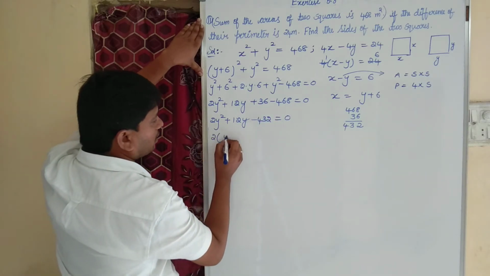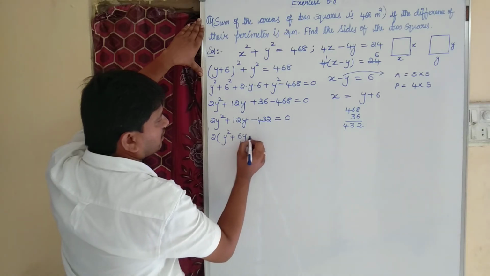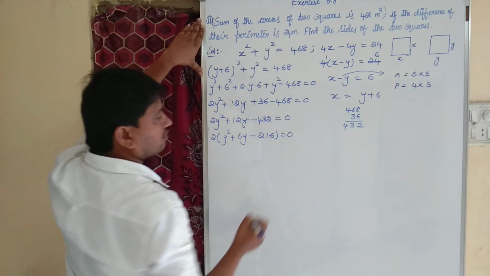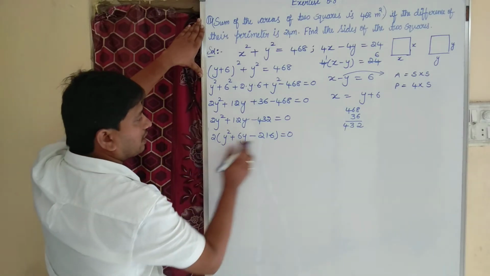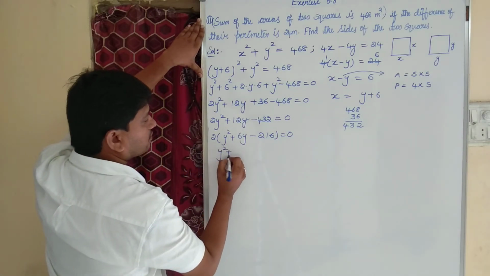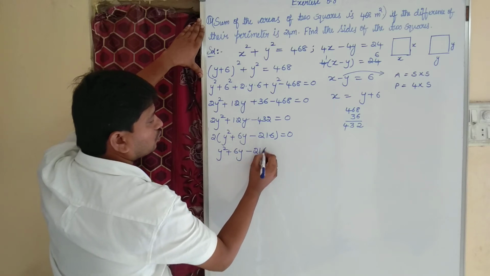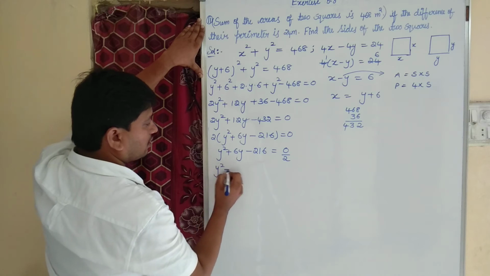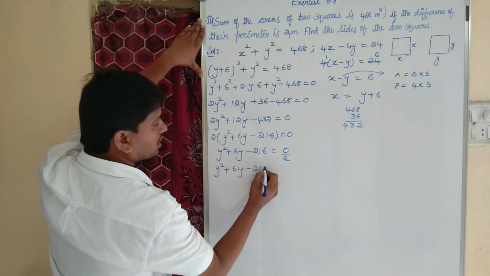If I take 2 common, y square plus 6y minus 216 equal to 0. Here 2 is multiplying, transpose, it becomes 0 by 2. y square plus 6y minus 216 equal to 0.